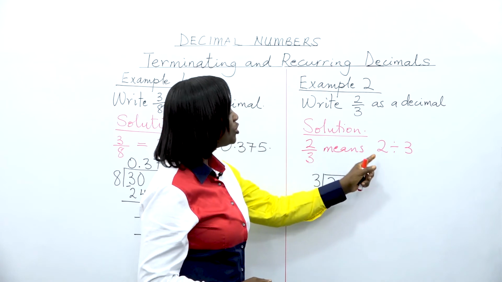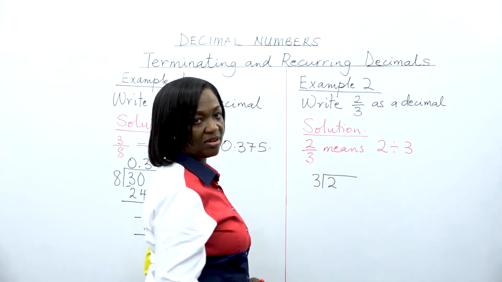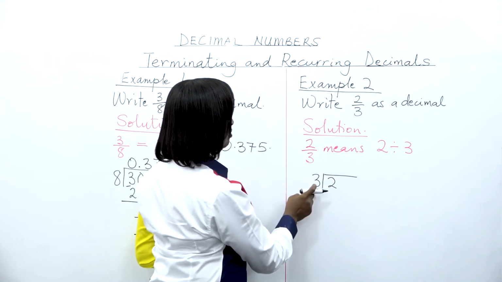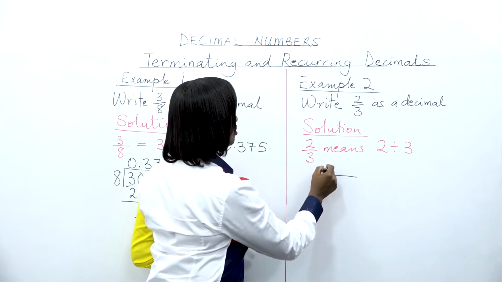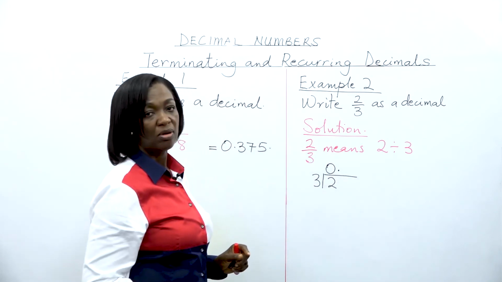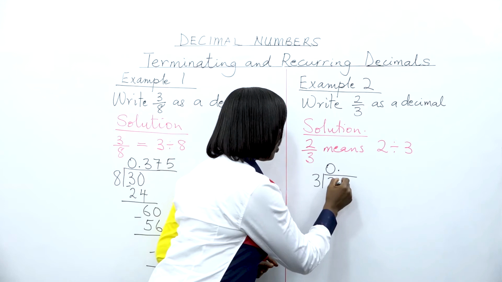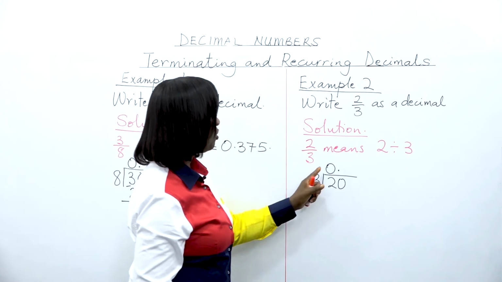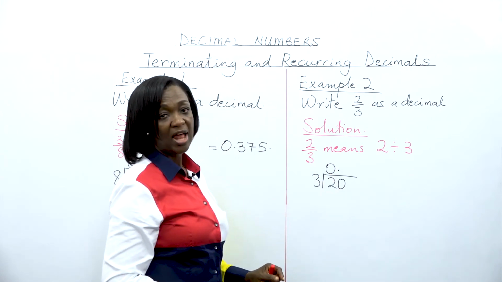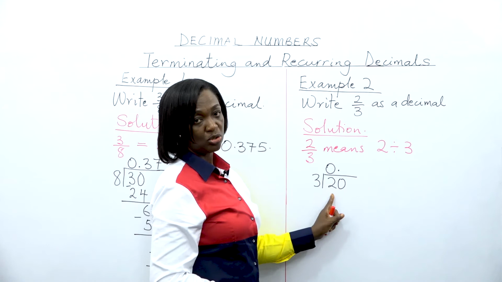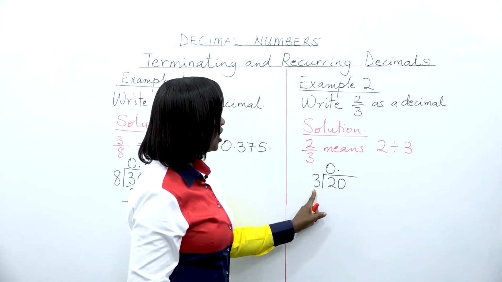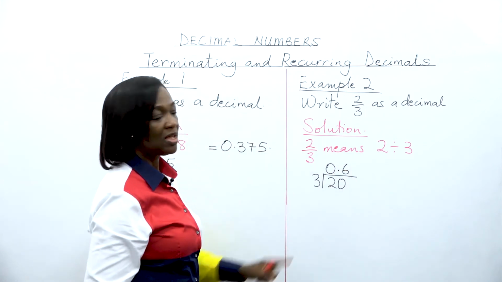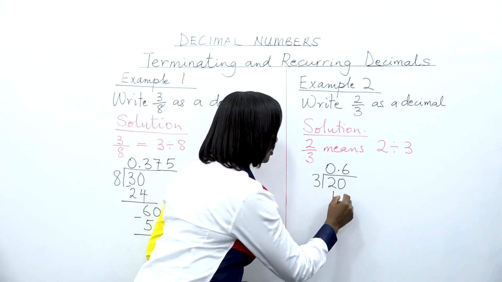2/3 means 2 divided by 3. So we use long division. We are dividing 2 by 3. 2 by 3 is a 0. We put a 0 and write a decimal point, and then attach a 0 to the 2 to make it 20. 3 into 20, we have 6 3s in 20. 6 times 3 is 18.